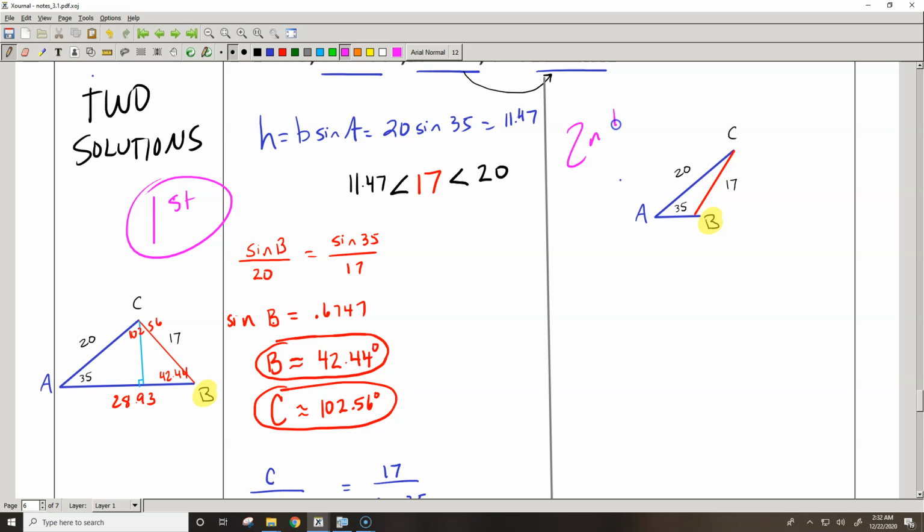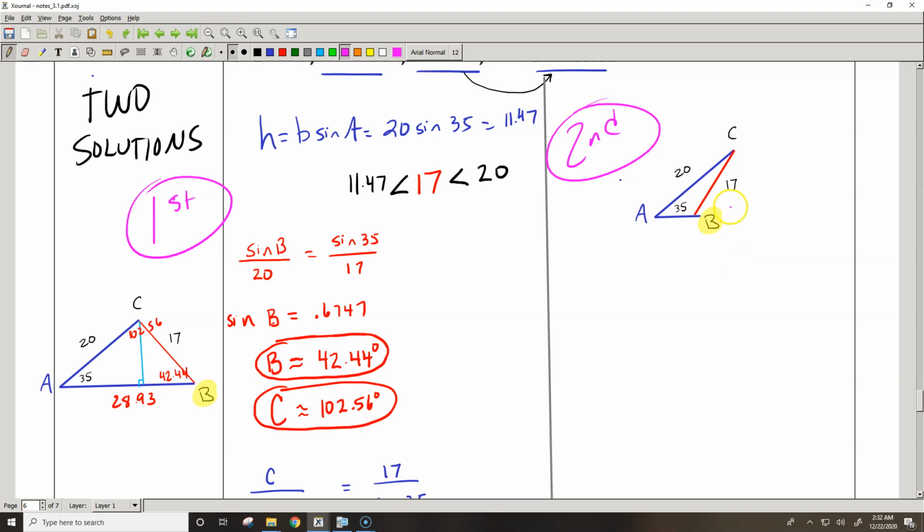Second solution. Now, the way that you get the second solution is all dependent on this angle B right here. The first solution, angle B, is 42 degrees, 42.44. The second solution is always going to be a supplement of that.